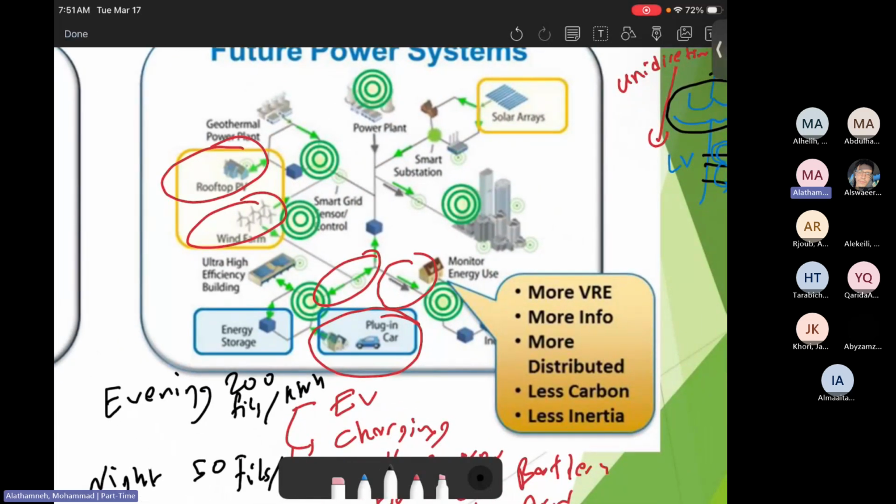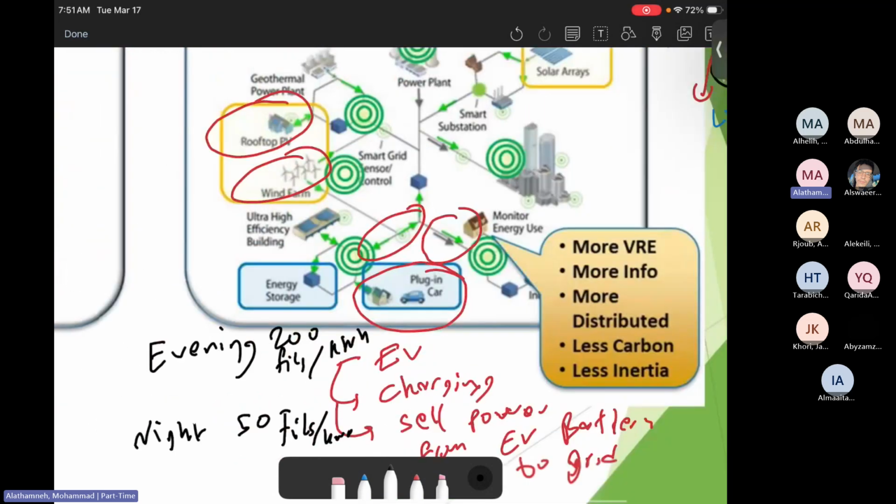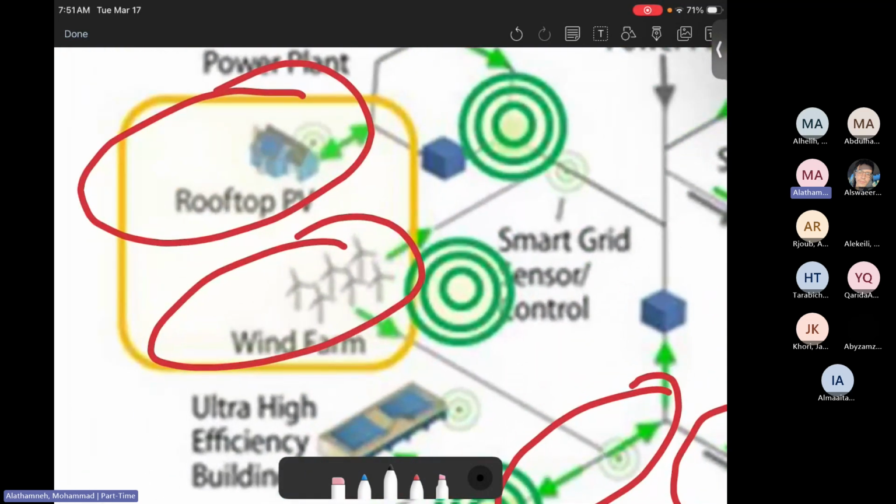Okay, how about the photovoltaics farms or the wind farms? The photovoltaics and wind farms are based on generation, not supply, not bidirectional. When there is a wind farm, the power goes out. It will not go in. So again, it is unidirection, not bidirection.